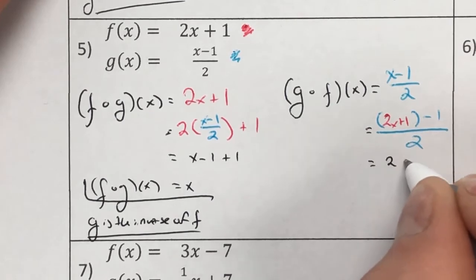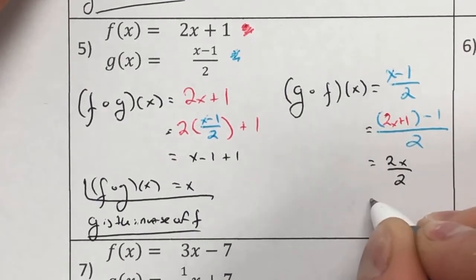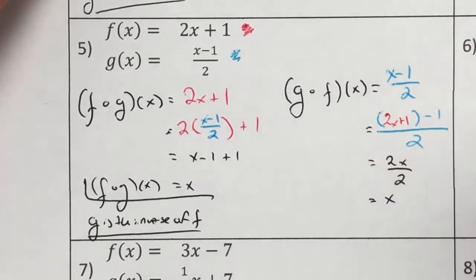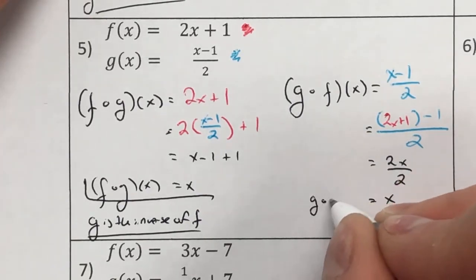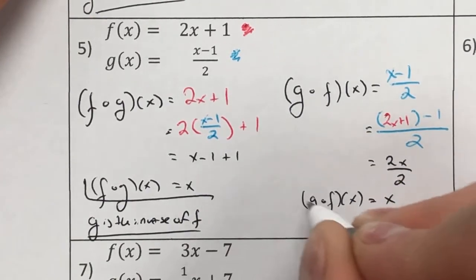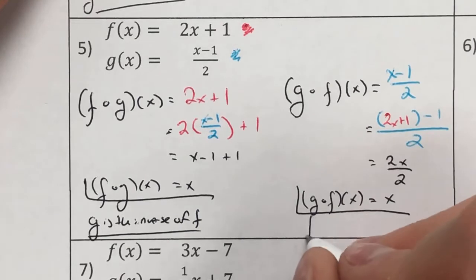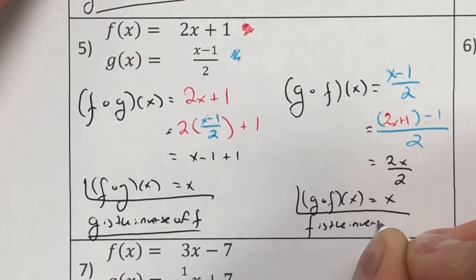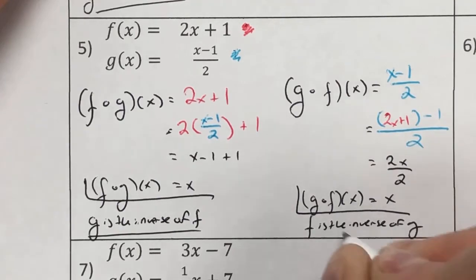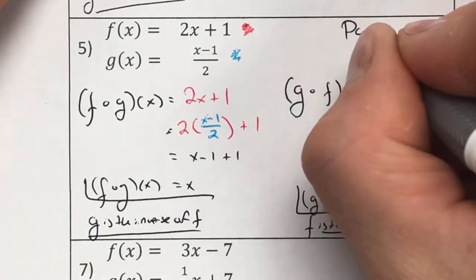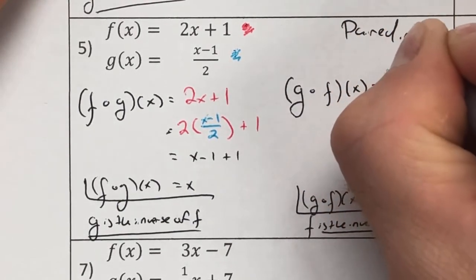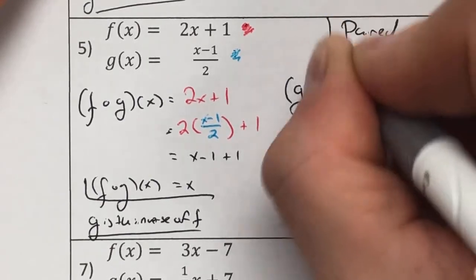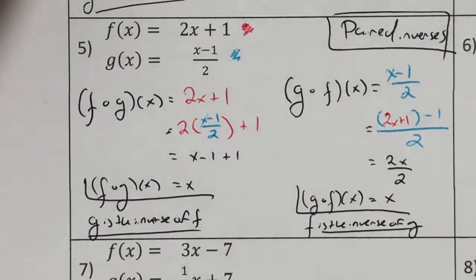So I'm left with 2x over 2, in which case I'm left with x. So g of f of x works out. f is the inverse of g. So we have, again, paired inverses. Boom. There we go.